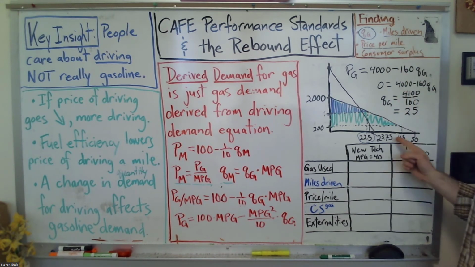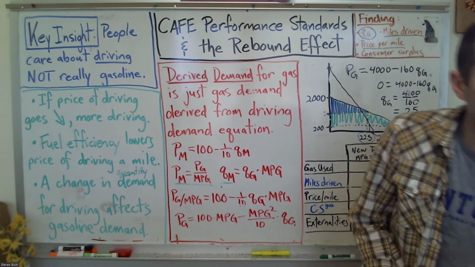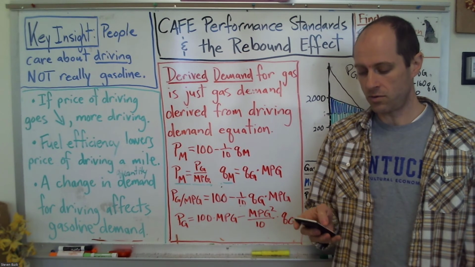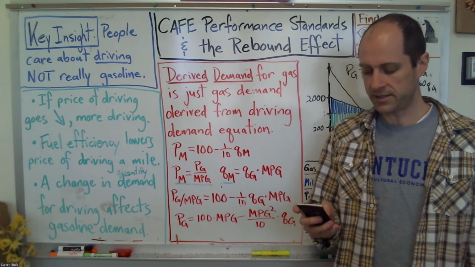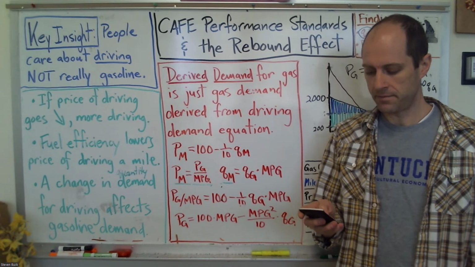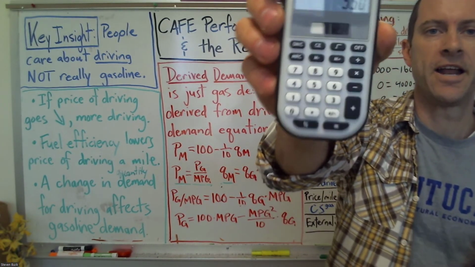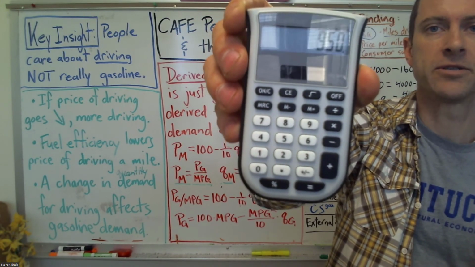Miles driven. Well, they're consuming 23.75 gallons, but the miles per gallon is 40. So 23.75 times 40, we're going to get 950 miles.